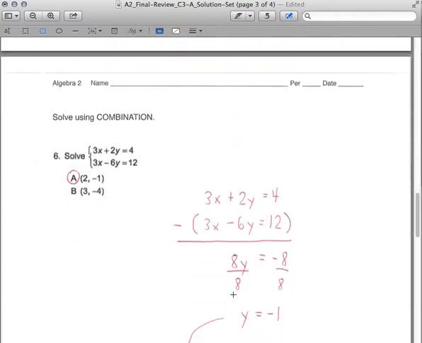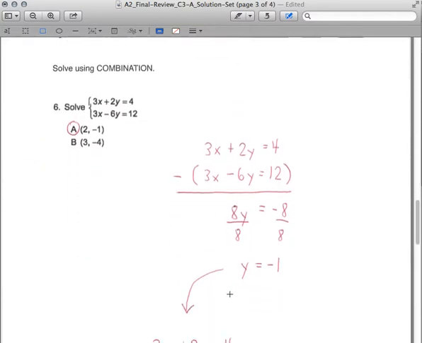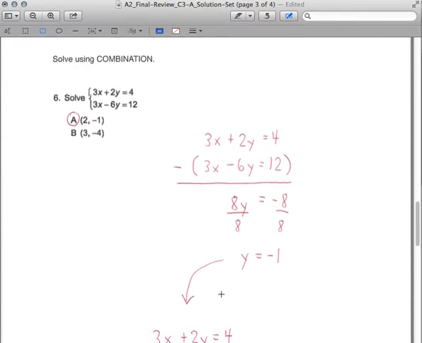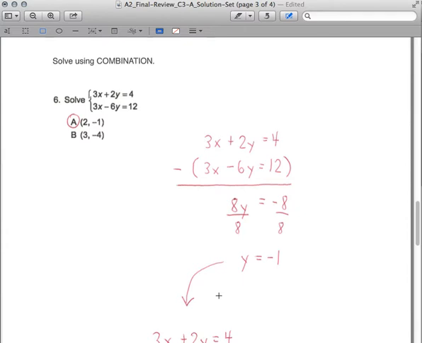We learned that if we have two equations, we can literally add or subtract full equations from each other. We have to make sure that the like terms are aligned. And in these two examples, they are.